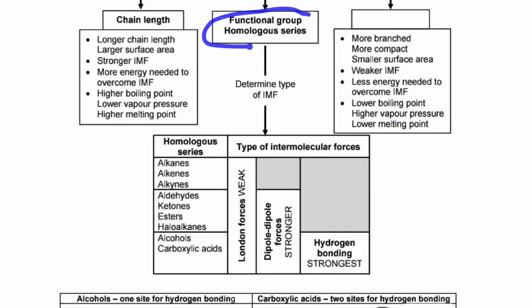right? When it comes to the functional group or the homologous series, we know all the homologous series. Now, the alkane, alkene, alkyne, right? They have the weak intermolecular force, which we call London.